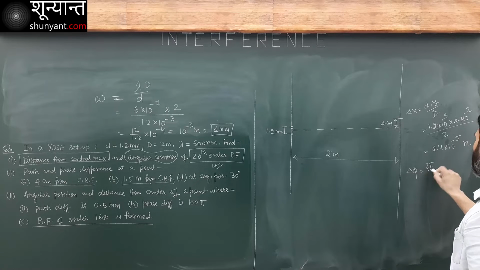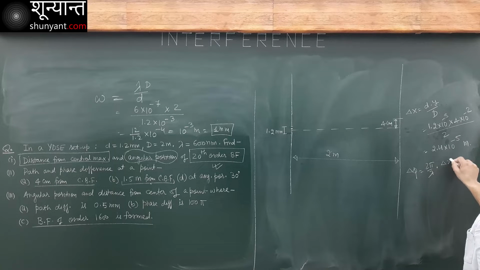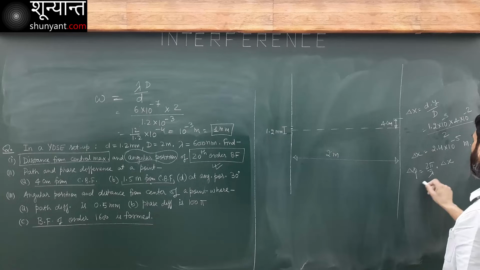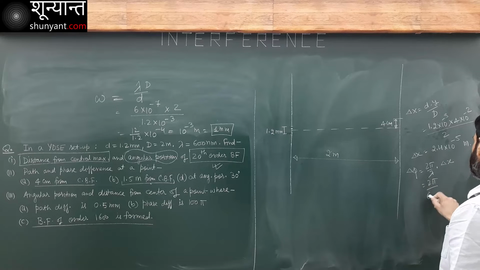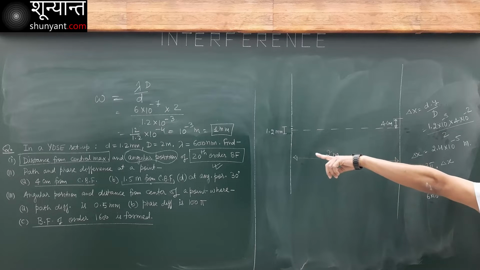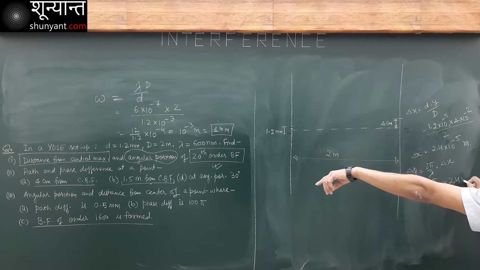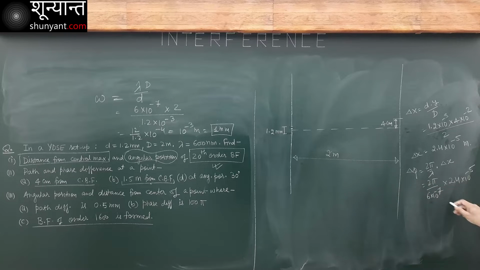Okay, 2 pi over lambda into delta x. Okay, this is delta x. So 2 pi over 6 times 10 minus 7, lambda is given, and 2.4 times 10 minus 5. Okay, it's like this. So it becomes 6 and this becomes 0.4. So 0.8 pi into 10 power 2. Okay, so 85.